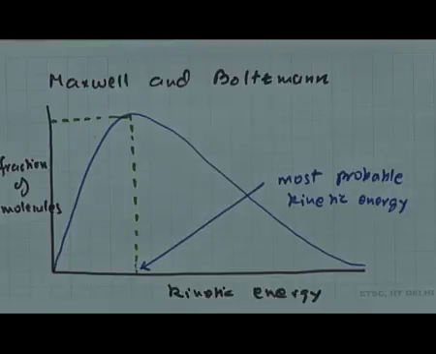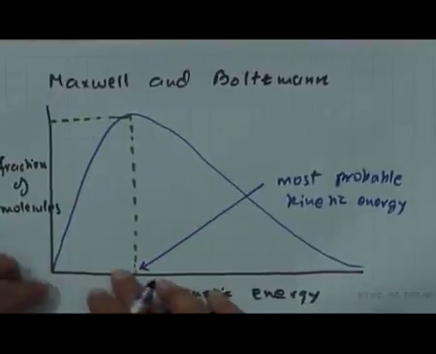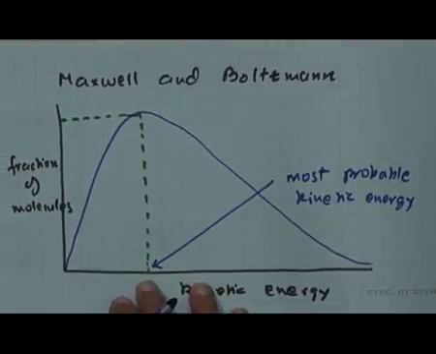Why is it most probable? Because you understand that the maximum fraction of the molecules is having this kinetic energy, and hence it is called the most probable kinetic energy, right.